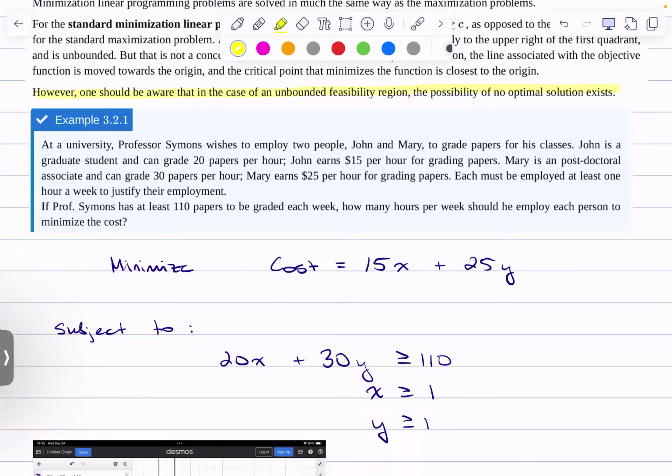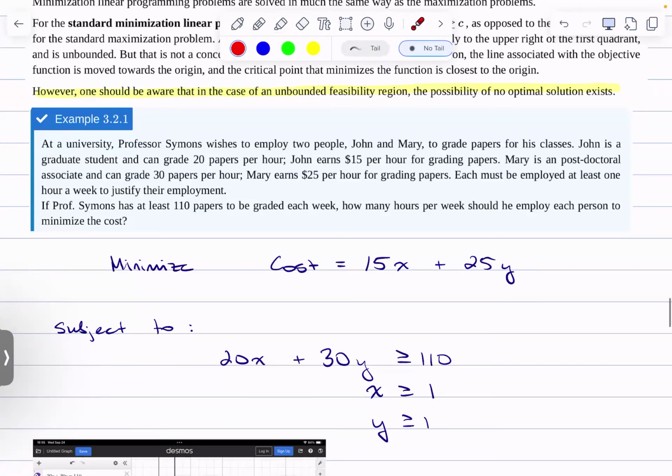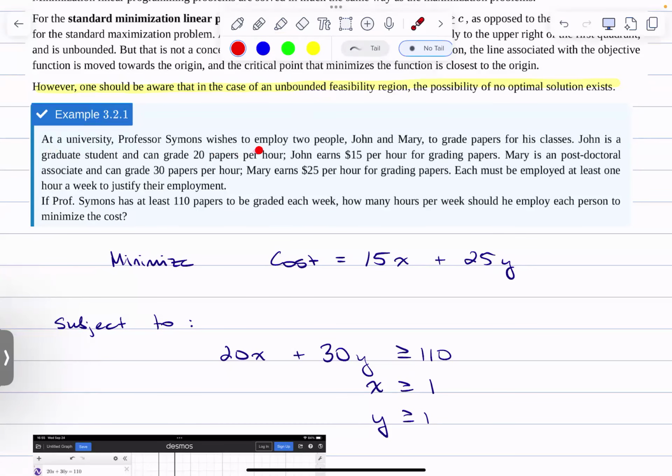What does a minimization problem look like? Well, something like this. At a university, Professor Simmons wishes to employ two people, John and Mary, to grade papers for his classes. John is a graduate student and can grade 20 papers per hour. John earns $15 per hour for grading papers. Mary is a postdoctoral associate and can grade 30 papers per hour. Mary earns a little bit more money because she has more education.